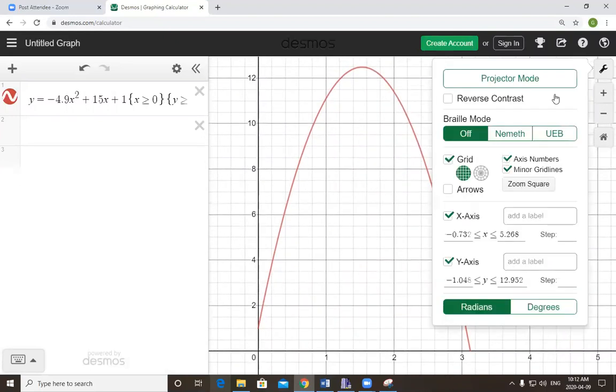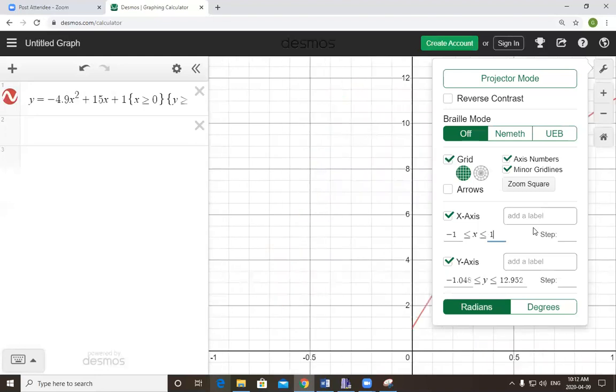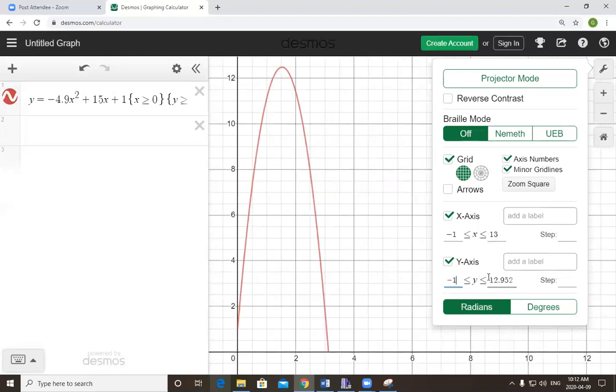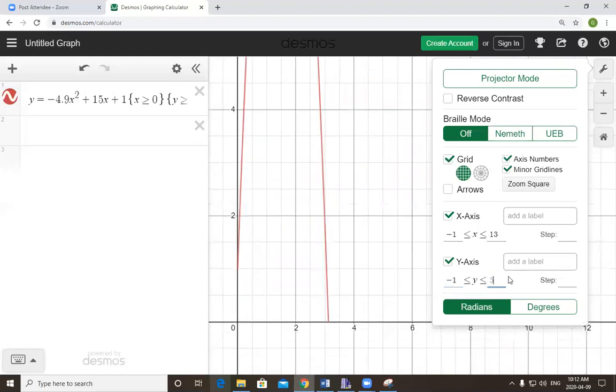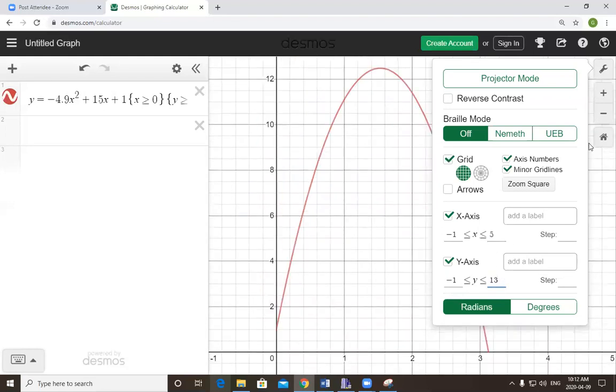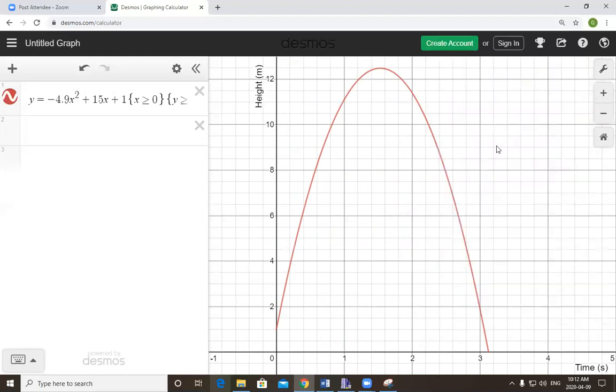Okay, so now we'll go from -1 to 5 on the x, -1 to 13 on the y. There we go. The x-axis is the time in seconds, and the y-axis is the height in meters. And we have our graph.